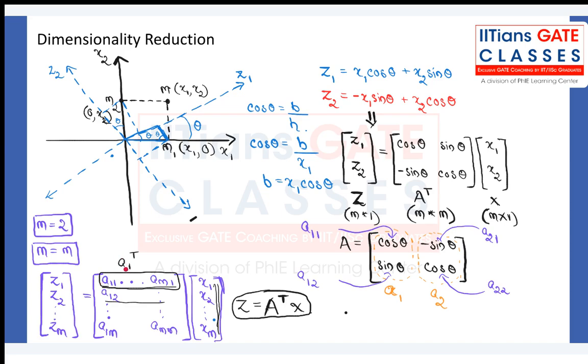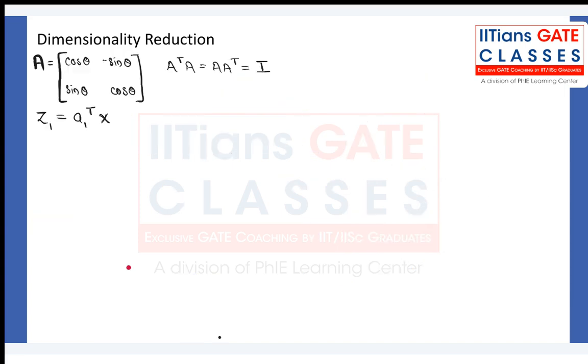So first row is A1 transpose X. Similarly, Z2 is A2 transpose X. So on and so forth. Zm is Am transpose X.